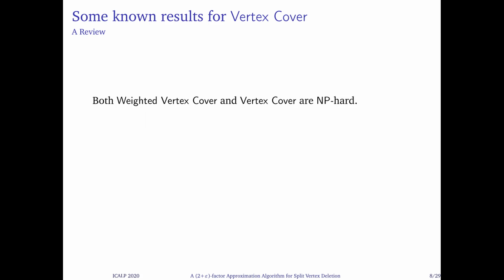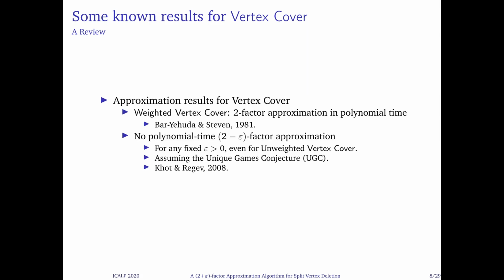Both these problems are NP-hard. Both problems can be approximated to a factor of 2 in polynomial time, and neither can be approximated to a factor of 2 minus epsilon for any epsilon greater than 0 in polynomial time, assuming the unique games conjecture.